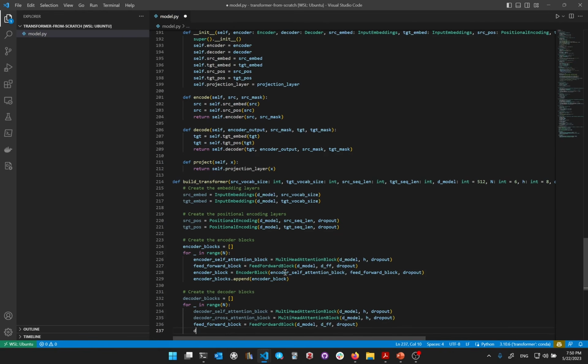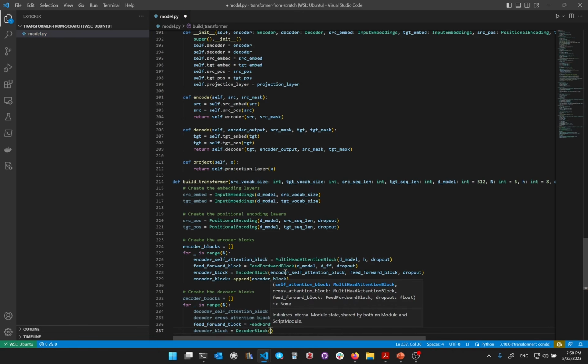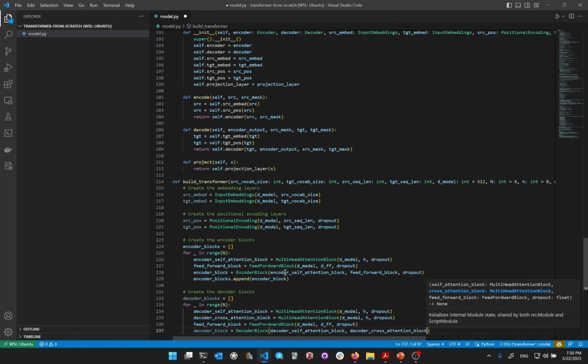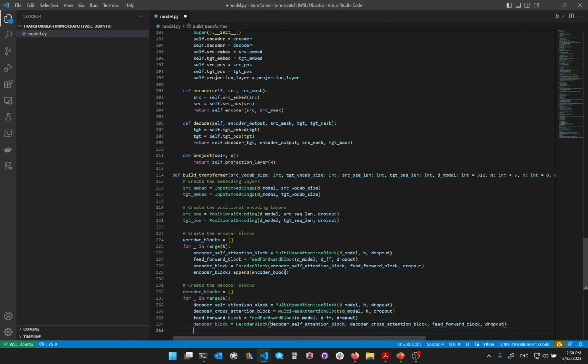Then we define the decoder block itself, which is decoder block: self attention, cross attention, and finally the feed forward and the dropout. And finally we save it in its array.